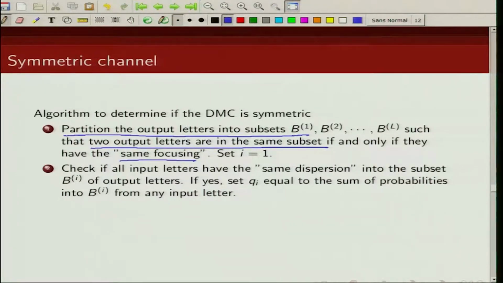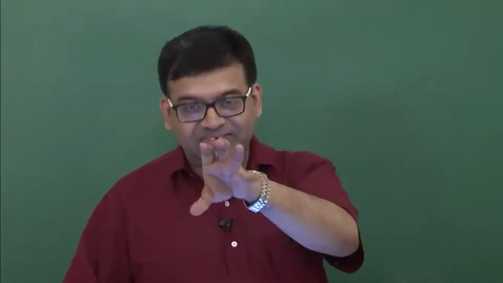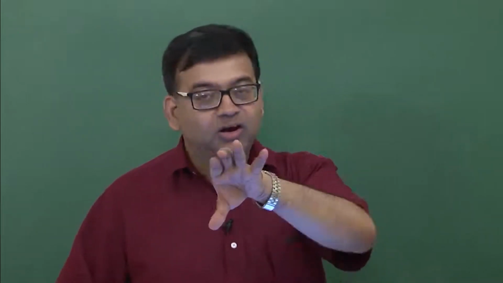Now the next thing we need to do is check if all input letters have the same dispersion into the subset Bi of output letters. So once we partition the output into L sets where within each set they have the same focusing, we need to see whether all the inputs have the same dispersion into that subset.